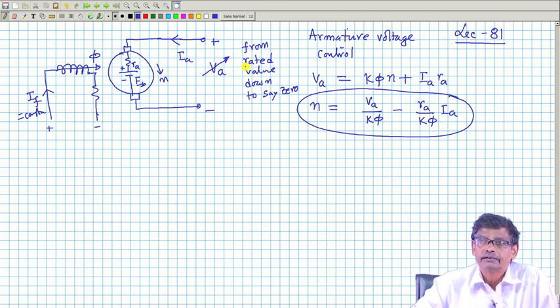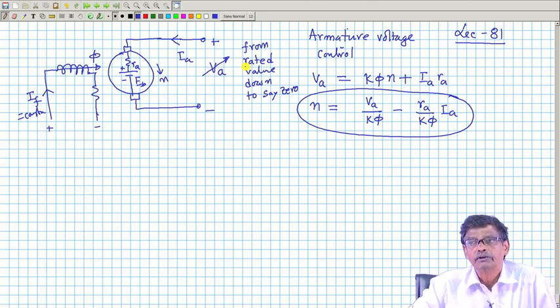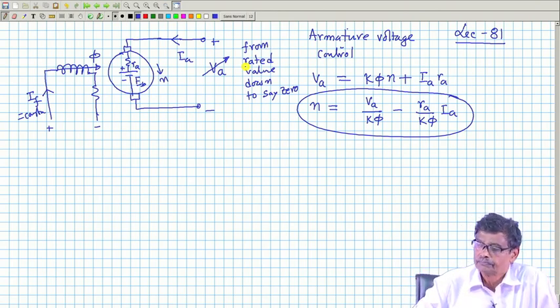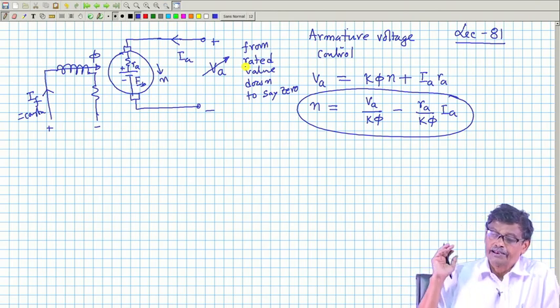I should not apply a voltage greater than rated value, because its rating will be exceeded, there will be insulation problems, things like that. If it is a 220 volt machine, the range of variation of V A will be between say 0 to 220 volt. Anyway, that is fine.